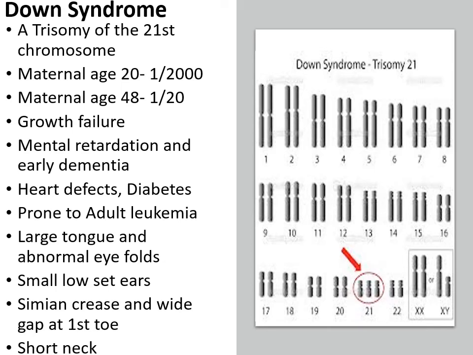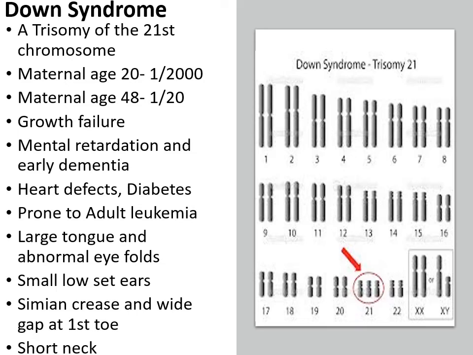Now, if I was to ask you, who has the most patients with Down syndrome, the younger population or the older population beyond 45, it's still the younger population because they're the ones that are having by far the most children.